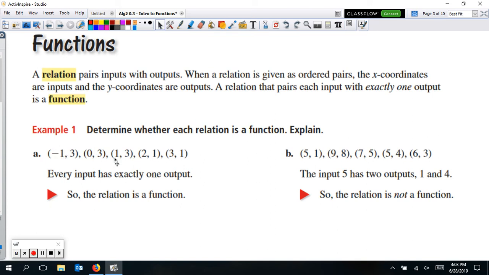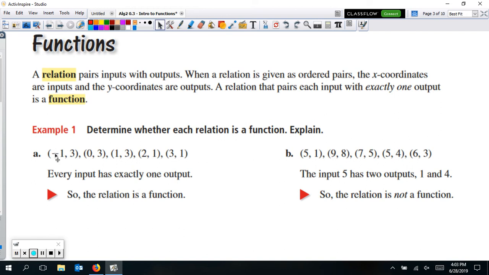So this one, as you can see here, -1 is the input, 3 is the output. 0 is the input, 3 is the output. 1 is the input, 3 is the output. So you can see it's got a few numbers that are the same on the outputs, but it says this relation is a function. The relation is a function because every input has exactly one output.